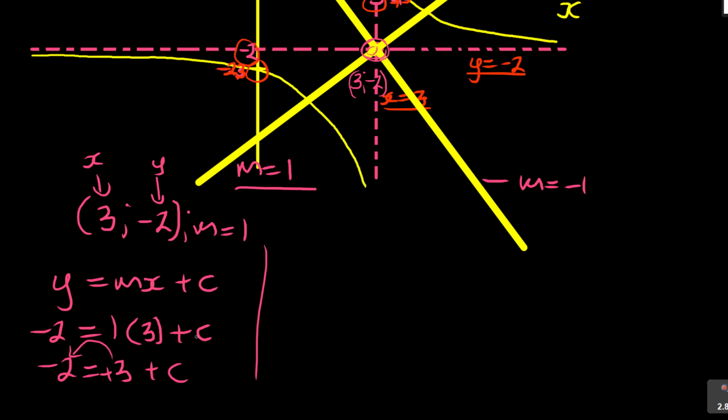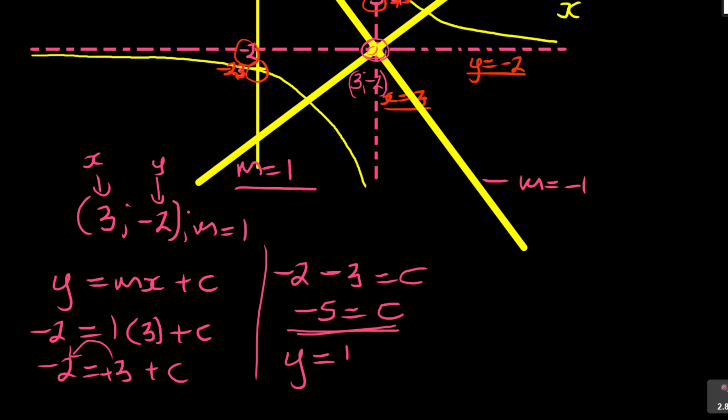It was positive, becomes negative. Minus 2 minus 3 equal to c. So negative 5 is equal to c. Minus 2 minus 3, use a calculator, get negative 5. Then the equation is y is equal to 1x, which is mx. Remember, y is mx plus c, m is 1, and c is negative 5, so minus 5. Then the answer is that. That's the equation that they wanted here.